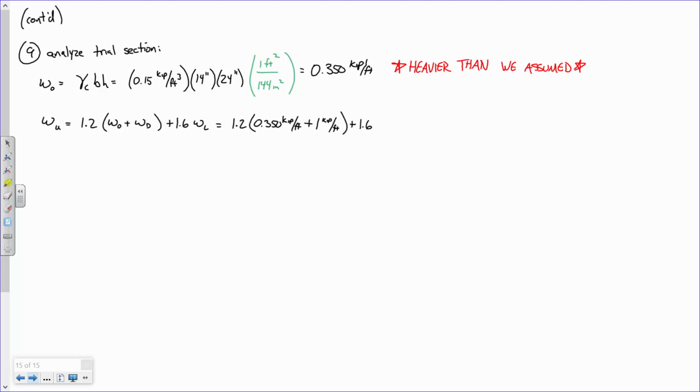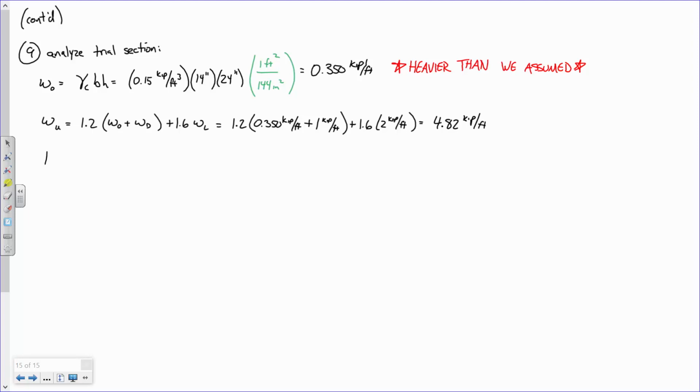Plus 1.6 times 2 kip per foot. What are we getting there? 4.82. Do I have a second on that? Yeah. Okay.